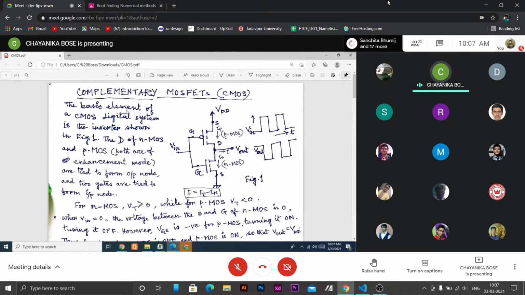So the CMOS inverter circuit is the base of CMOS digital system. The most important parameter is power dissipation. As time passes, these devices are being scaled down, their sizes are shrinking, and they are becoming more closely packed in the same chip area.